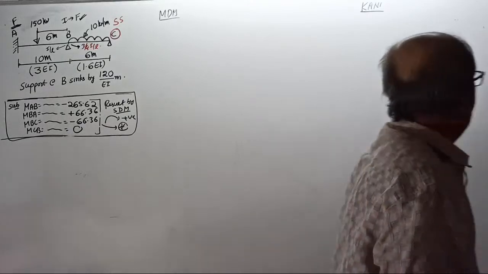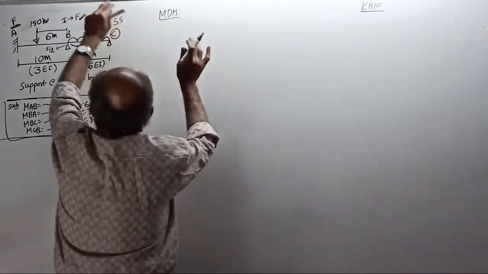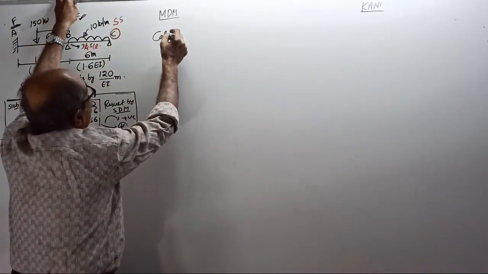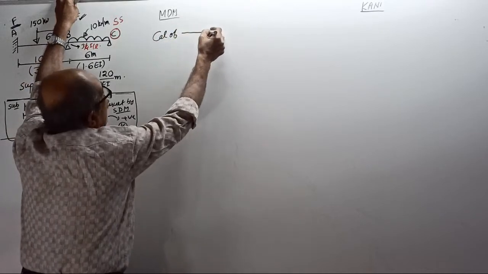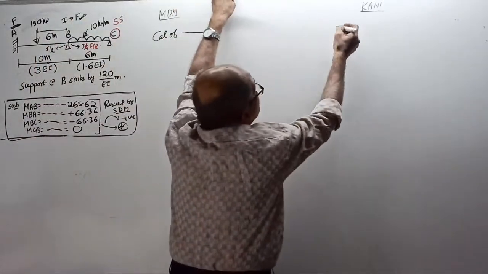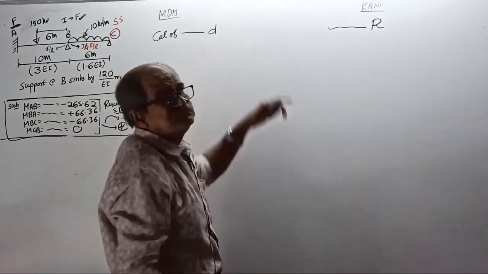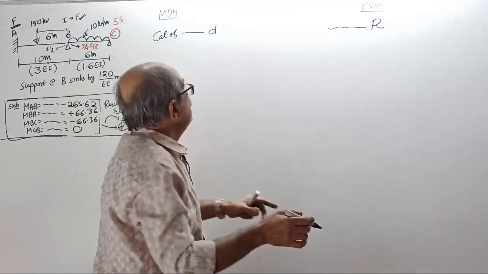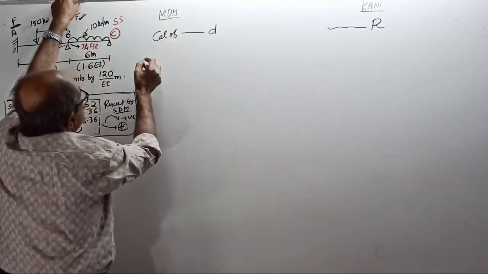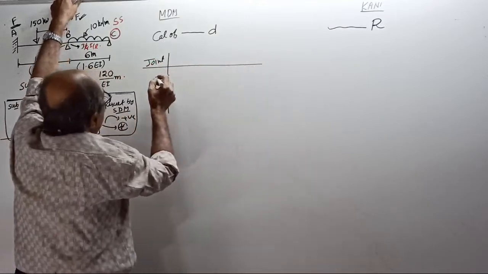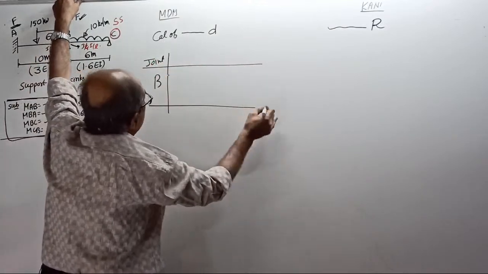Yes, okay. Now, if it is MDM, this much you have to write, then calculation of distribution factor D. If it is Kani's method, calculation of rotation factor R. But you should do them separately. Start. For MDM, joint: only one joint is there, which one? B. That's all.